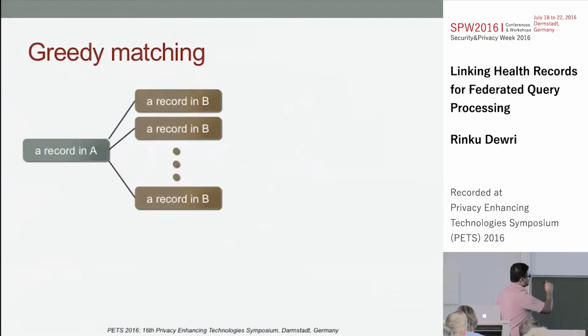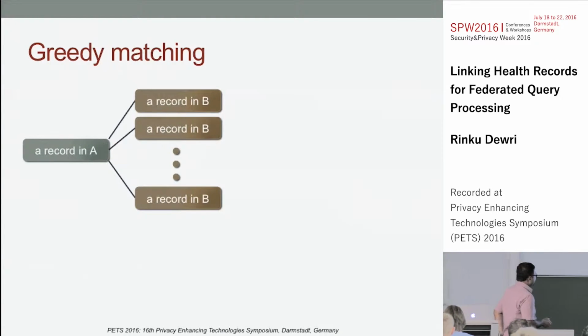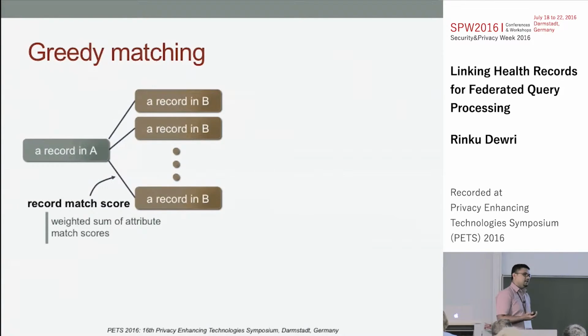We will take this problem description of linking databases and see how it can be done. The greedy matching way to do it would be to take a record in A and compare it with every record in B, and by comparing I mean come up with a score, a number that says this record in A and this record in B actually belong to the same person.